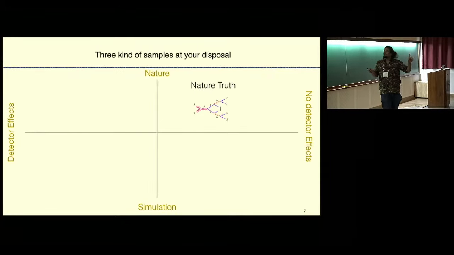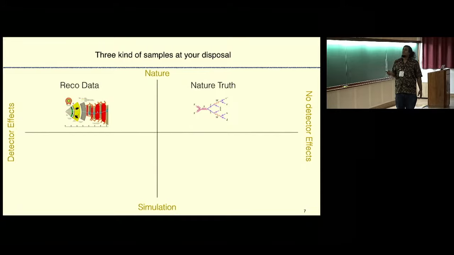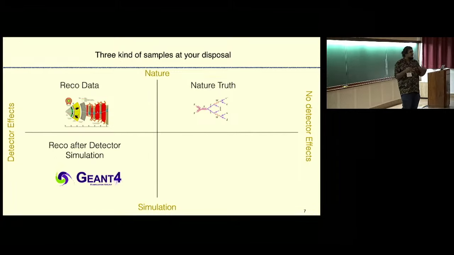But before that, let me bring some context, just to make things a little bit easier. Maybe it helps you guess. This is what we want: the truth of nature. We don't have this thing, but we have three other quantities. We have the reco data, which is what we observe in the experiment. We have Geant4 simulations of the detector, and before the Geant4 simulations, we have the generator level truth.